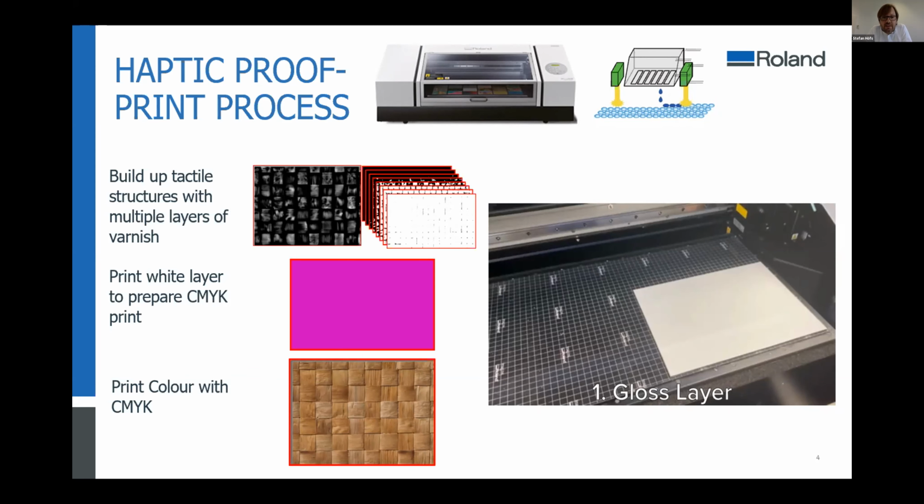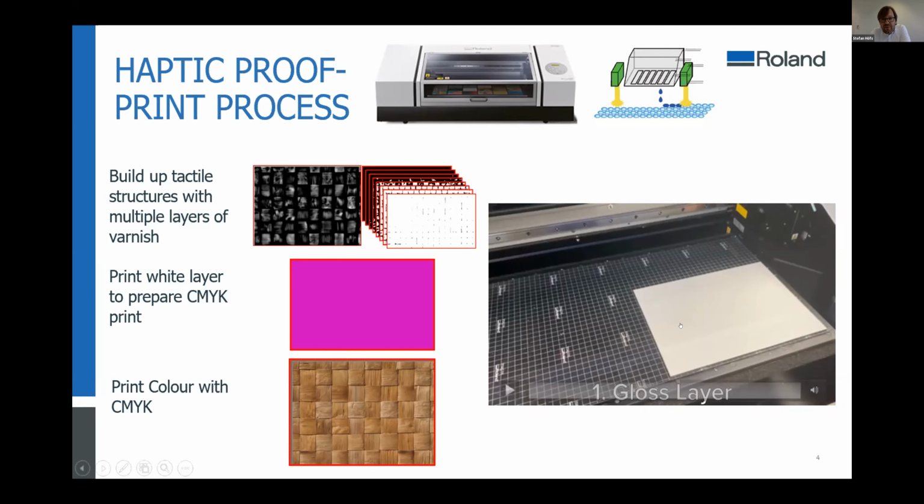What for us as a printing solution is most important, and Rachel already mentioned, is that AVA is also able to slice the height profile into different slices. In our case, we sliced it into 9 layers, which we use to build up the tactile structures with the varnish ink. And now I will show you the video.